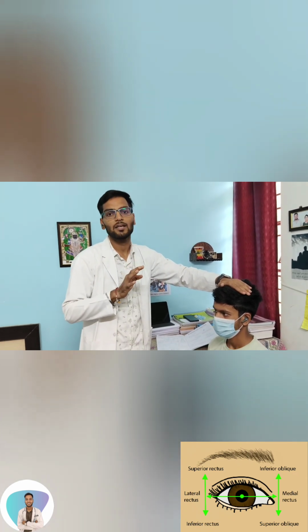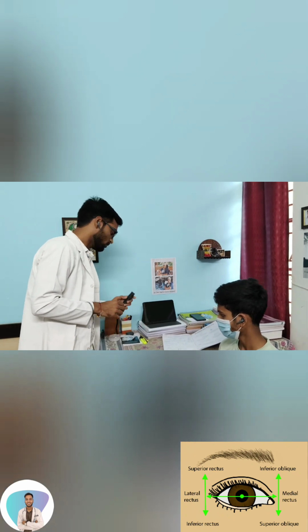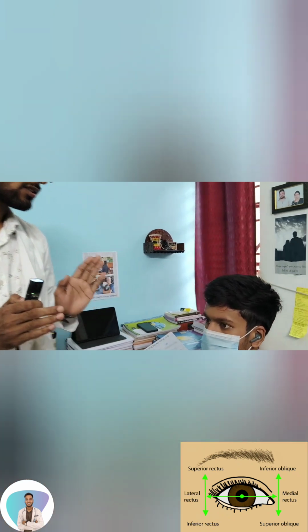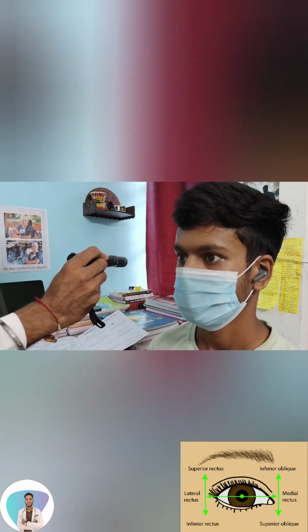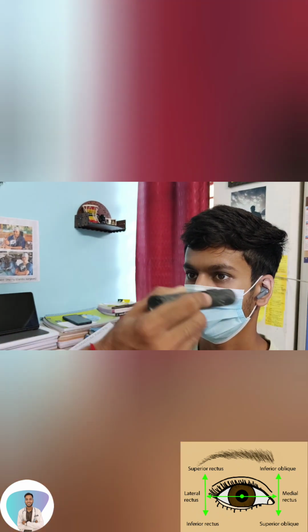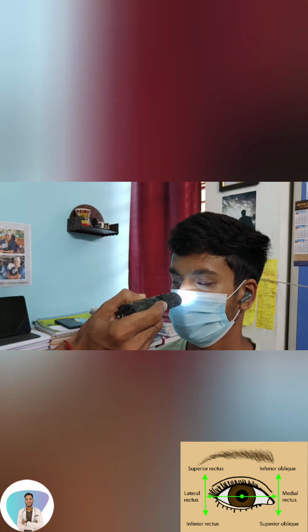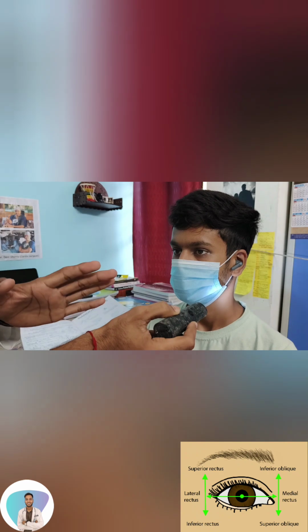First the direct reflex: we take a torch and ask the patient to look toward the left side. Don't put the light slowly, but examine toward the right side frequently to see whether the pupil of that eye is dilated or constricted.